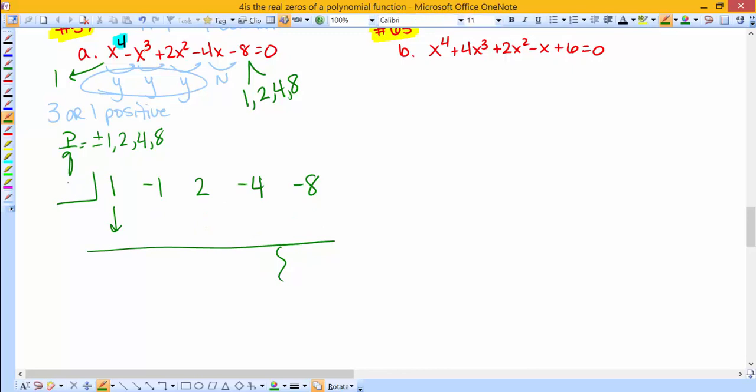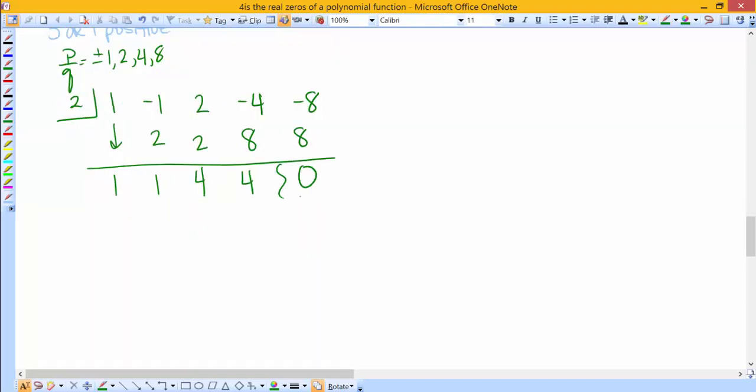So I'm going to pick 2 this time. So I just start at the beginning and work my way through. So I drop the 1, multiply, I get 2, add, I get 1, multiply, I get 2, add, I get 4, multiply, I get 8, add, I get 4, multiply, I get 8. Oh, yes, okay. So now I need to rewrite this in a form that I can try and factor.